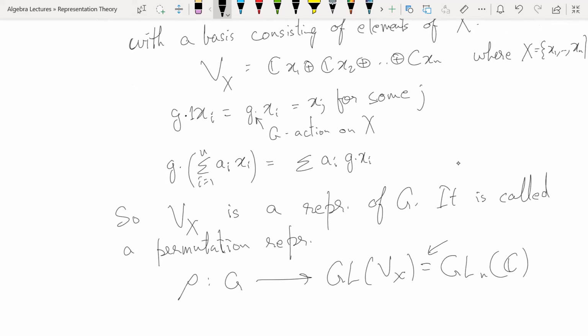Once you fix a basis, this isomorphism is fixed with respect to the basis x1 to xn. If you think of this identification of GL(Vx) with matrices after fixing the basis, what will rho of g be? What will be the matrix?